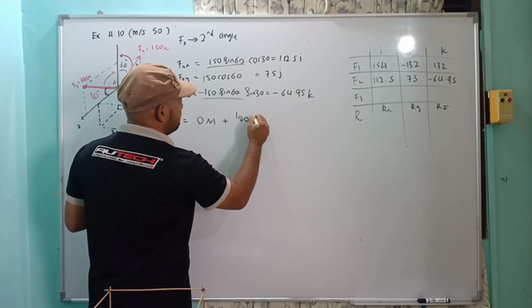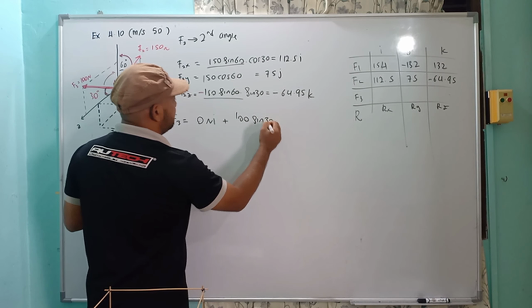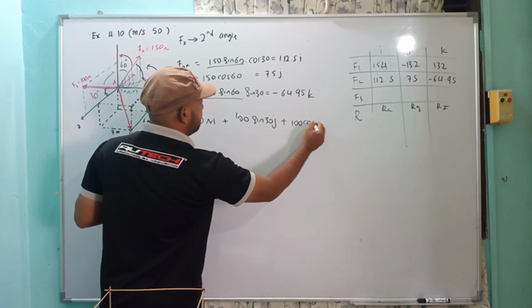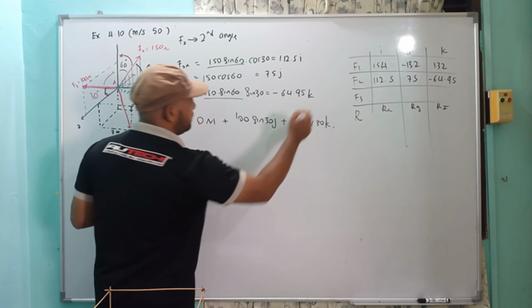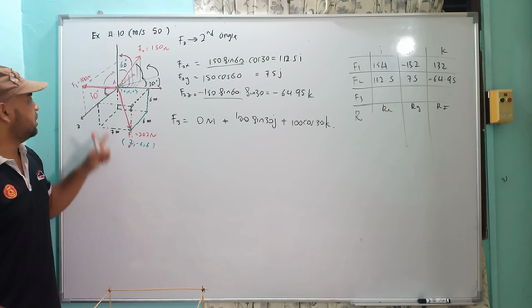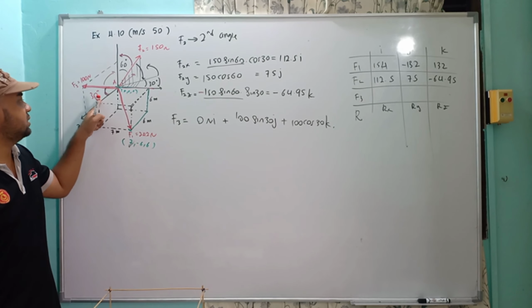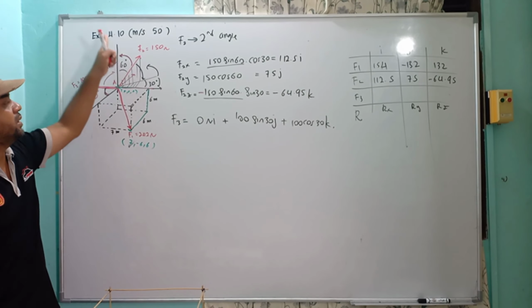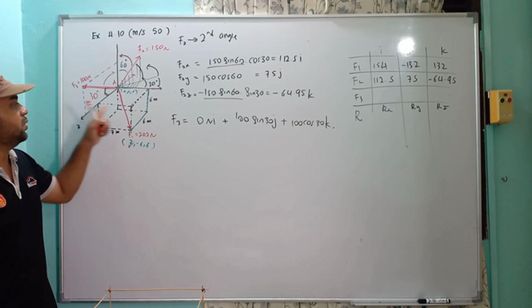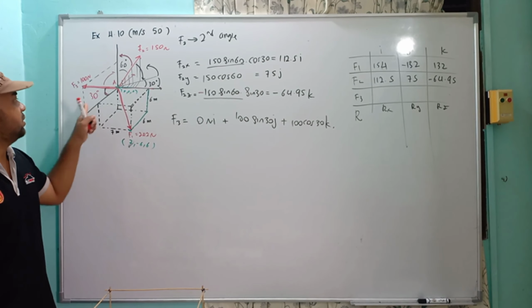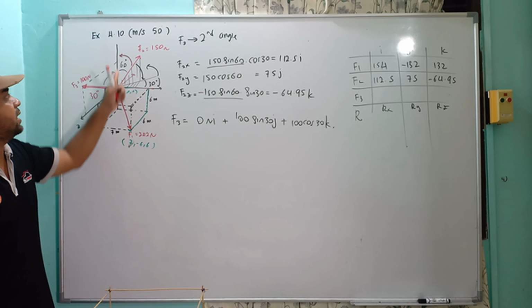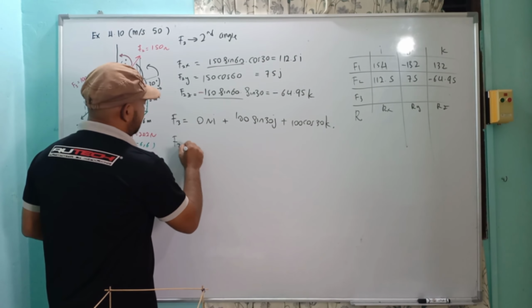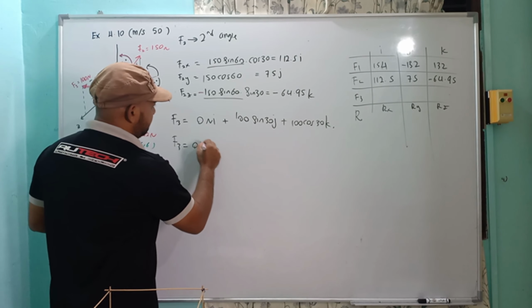So 100 sine 30 J plus cos 30 K. Both I put positive because it is toward positive Z and the other one is positive Y. So all is positive.